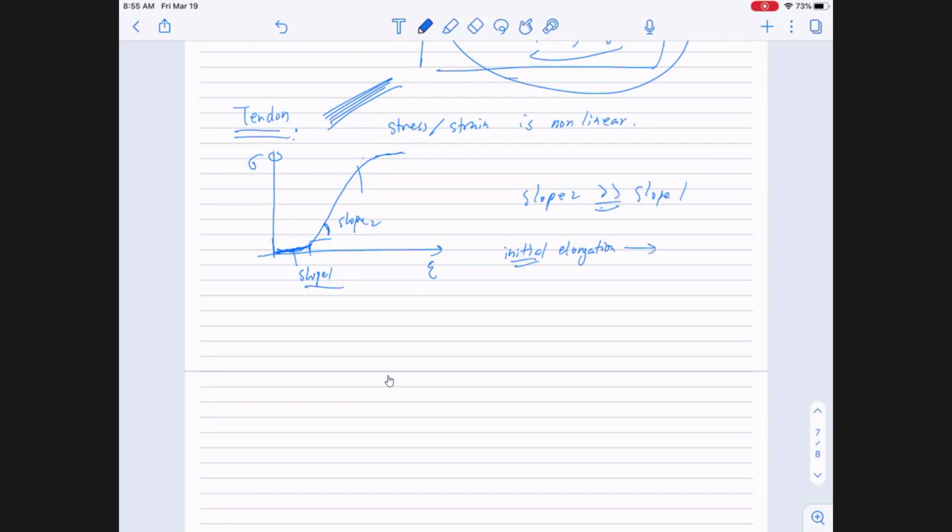Then alignment starts of the collagen fibers in the direction of the force.